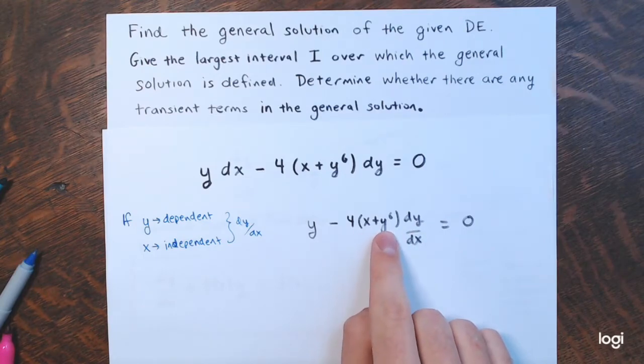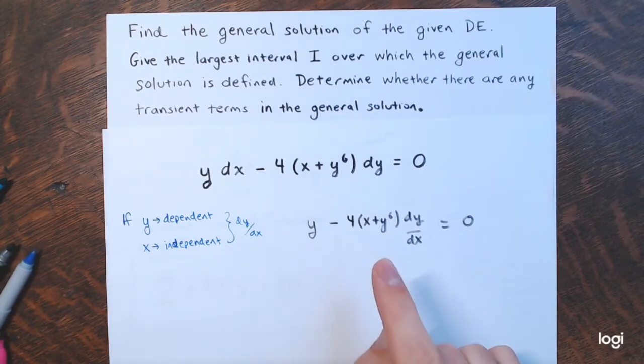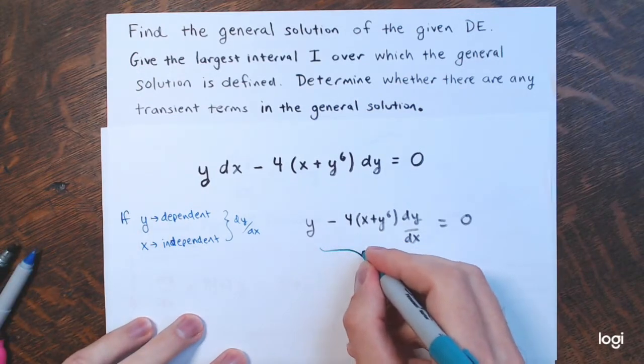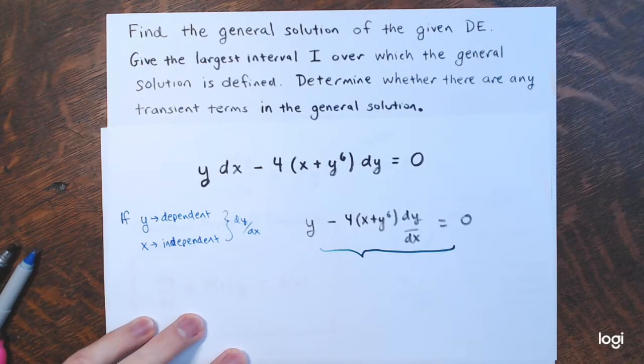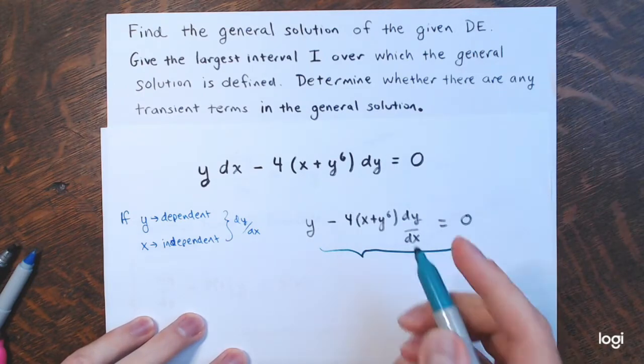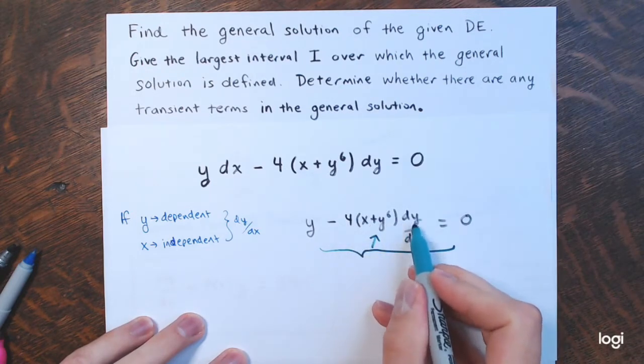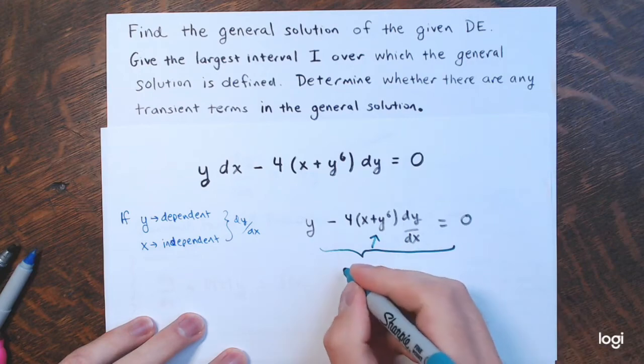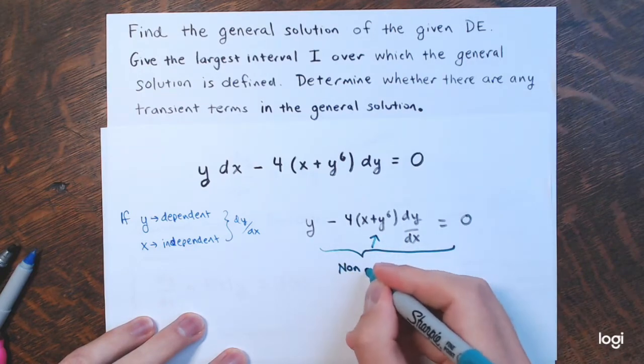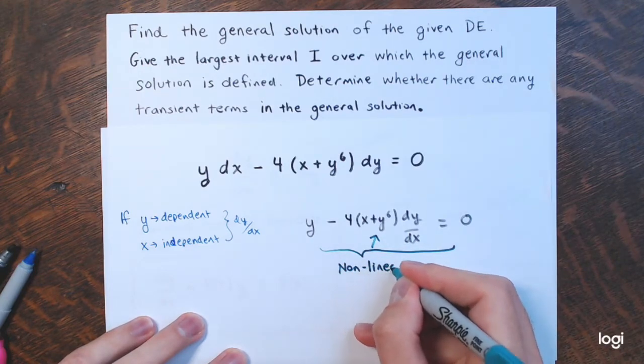It also depends on y. If you think back to how to classify differential equations, because of this y to the sixth in the coefficient of the first derivative of y, this is a non-linear differential equation.